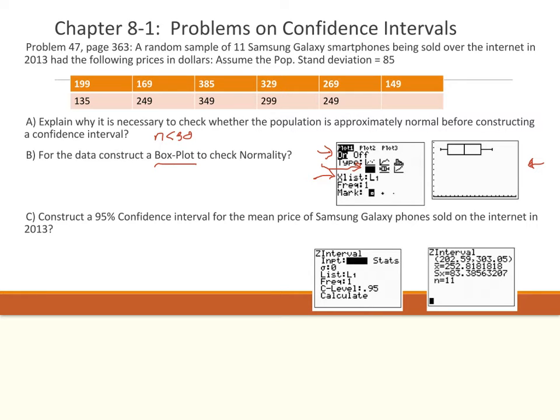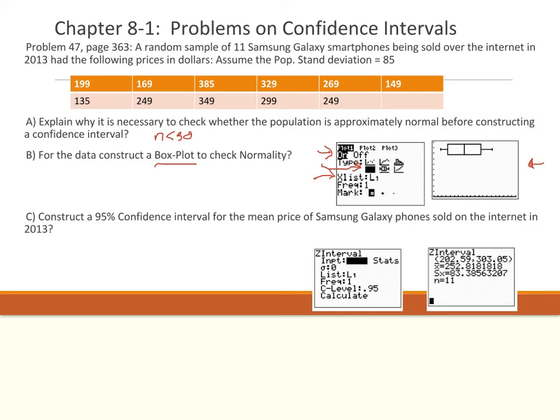So the next step, in part C, is to construct a 95% confidence interval for the mean price of Samsung Galaxy phones sold on the internet in 2013. Well, first of all, I'm going to do it by the calculator.